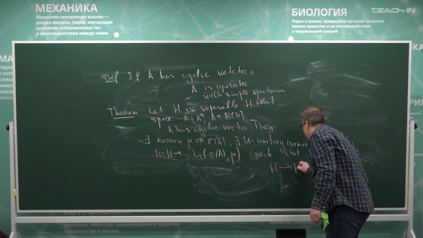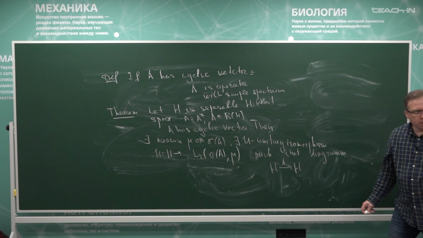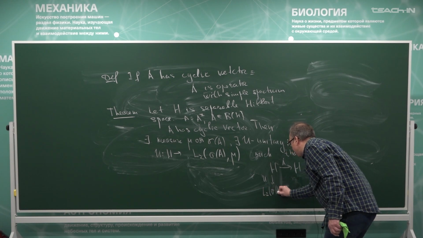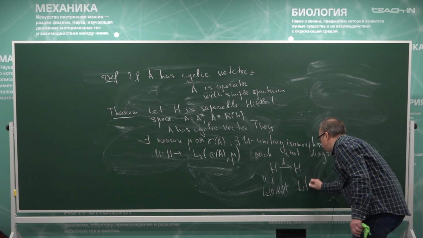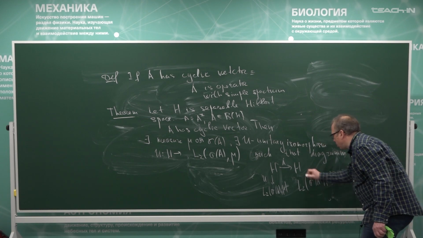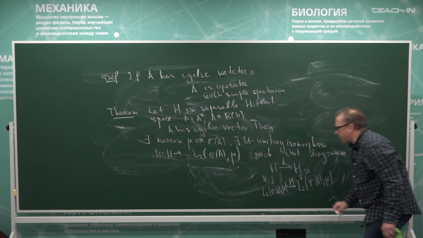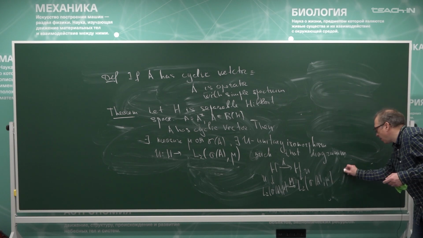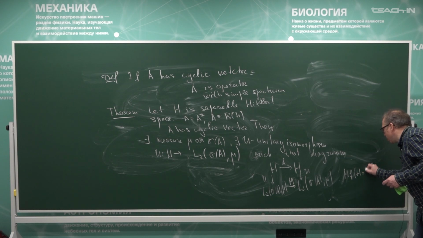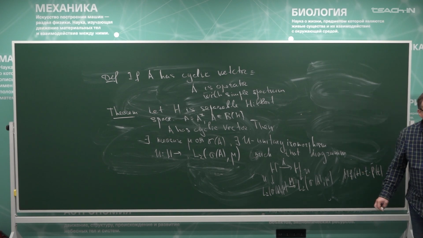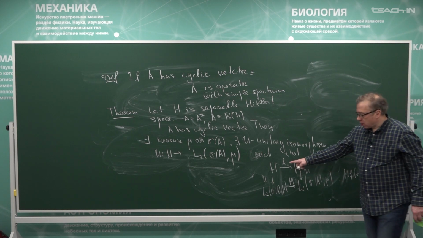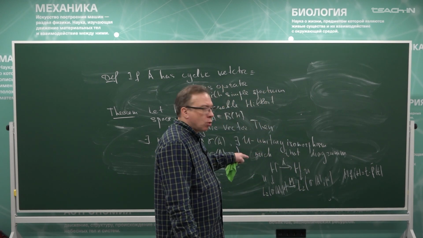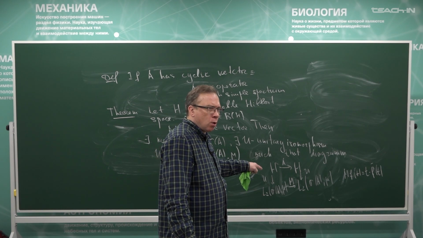We have our space H, we have our operator A from H to H, then we have the unitary isomorphism U, to L2 on the spectrum with this measure, L2 on the spectrum with this measure, here again U, and here we have a new operator M. M is multiplication by the independent variable: Mf of t equals t f of t. So an arbitrary self-adjoint operator with a cyclic vector is equivalent or similar to the operator of multiplication by the independent variable.